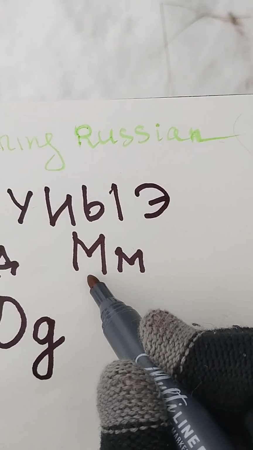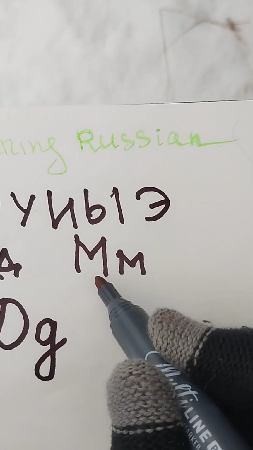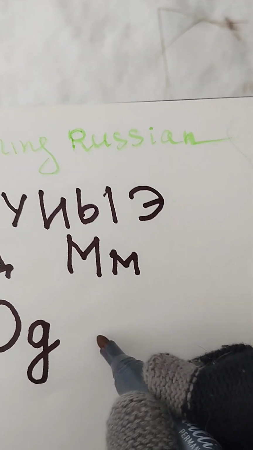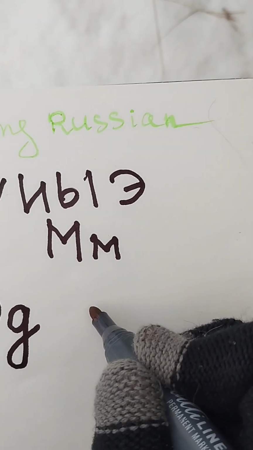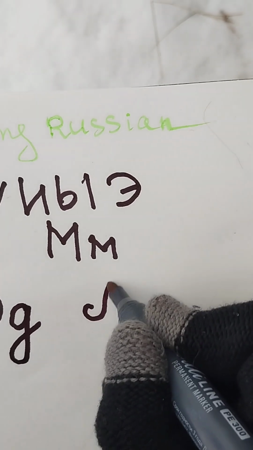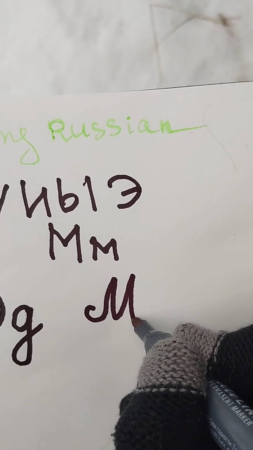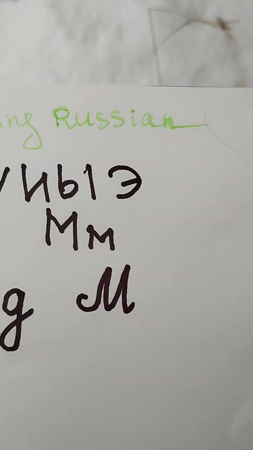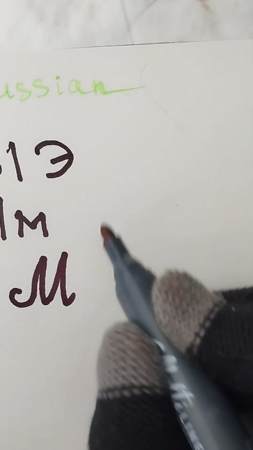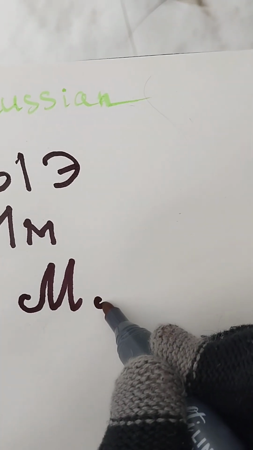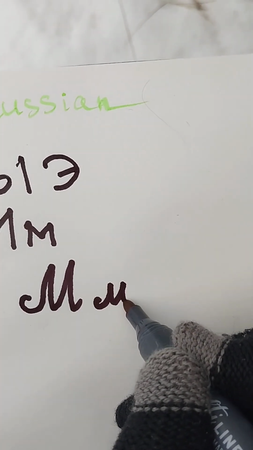The letter M you already saw in English, so it's not a new one for you. Cursive M looks like this, and the small one like this.